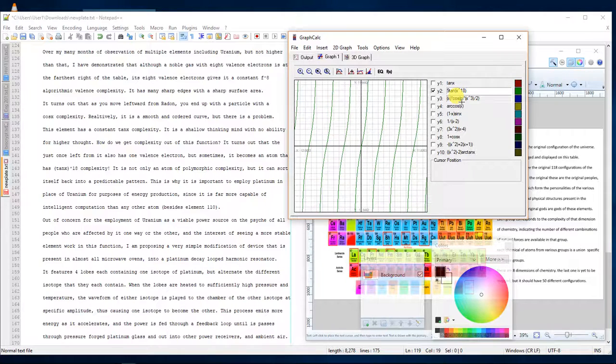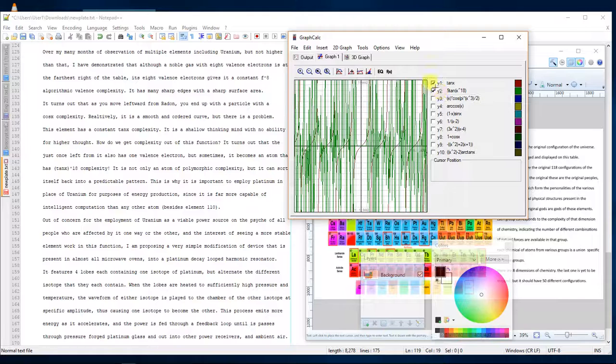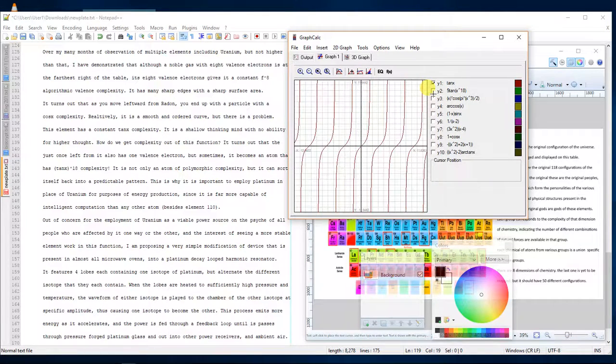I'm going to increase this back to 18, and I'm going to include tangent x. That's what it looks like.